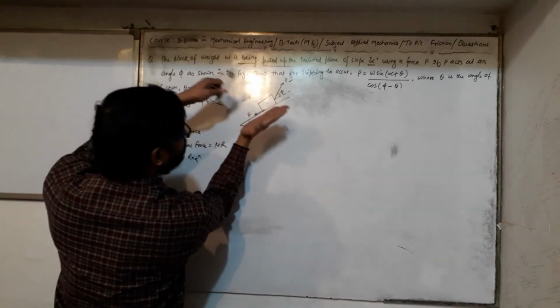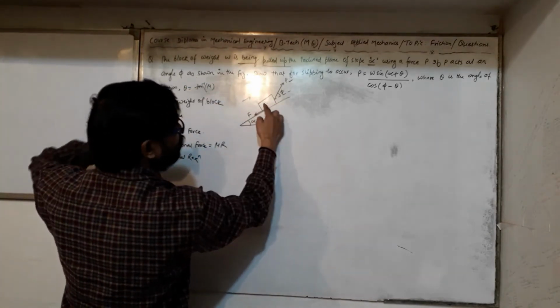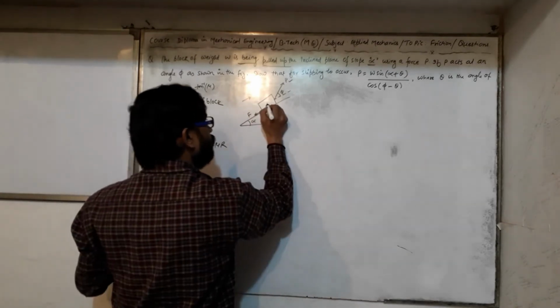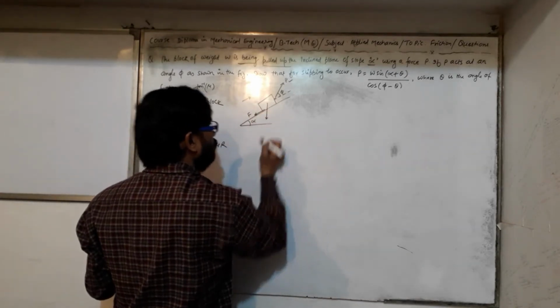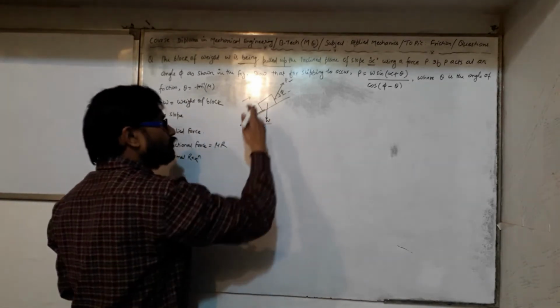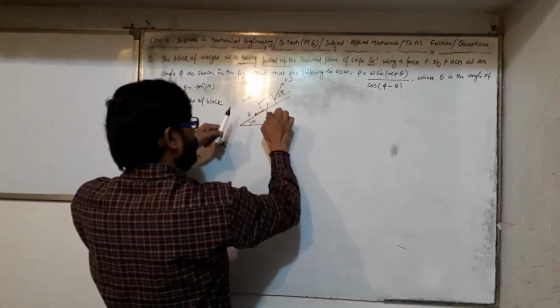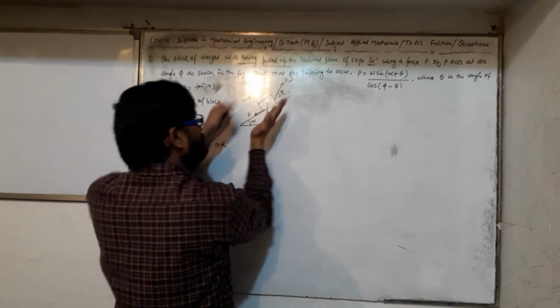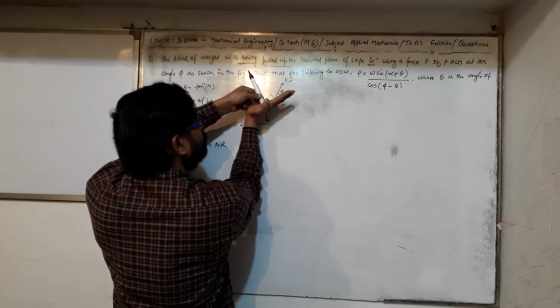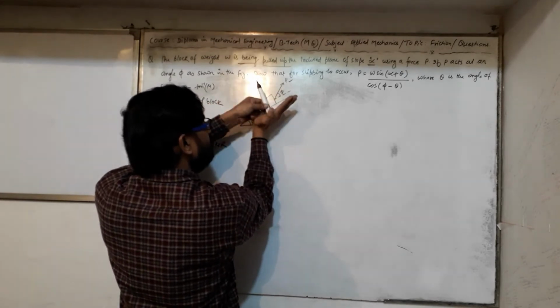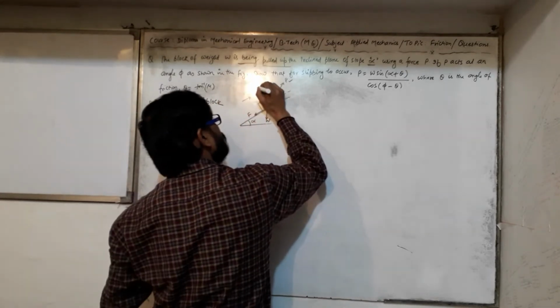This is the inclined plane. W amount of weight is acting downward by this block. The normal reaction acts by the inclined plane on the body, perpendicular to the inclined plane, in this direction.